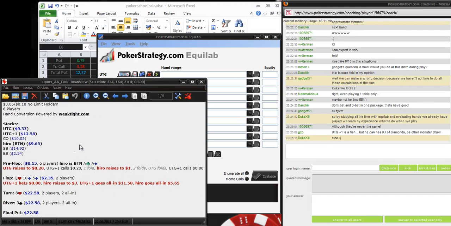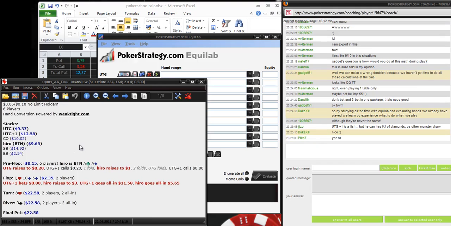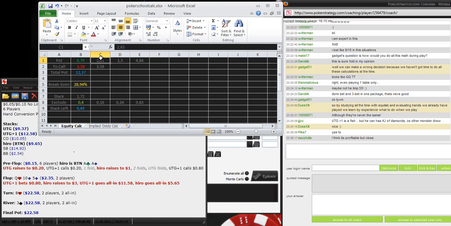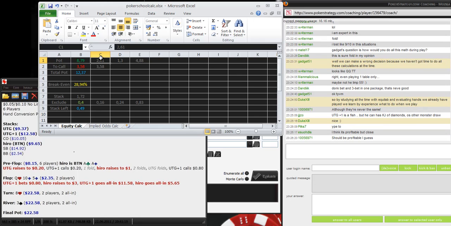So what do you guys think of going broke on flop? Should it be profitable, or should we rather argue about folding the hand? First thing we're going to do, as usual, is put in the opponent's range in the equity calculations and see how we're doing.